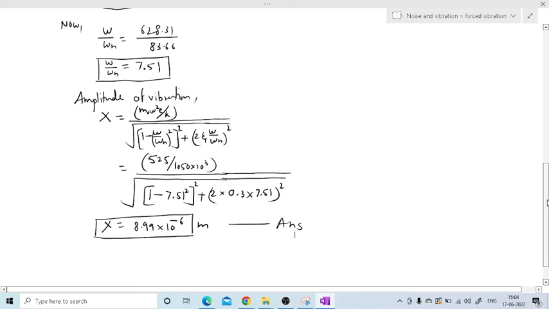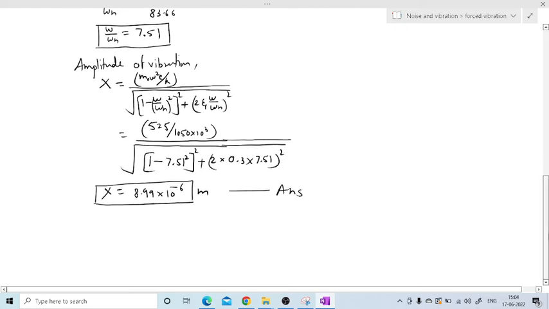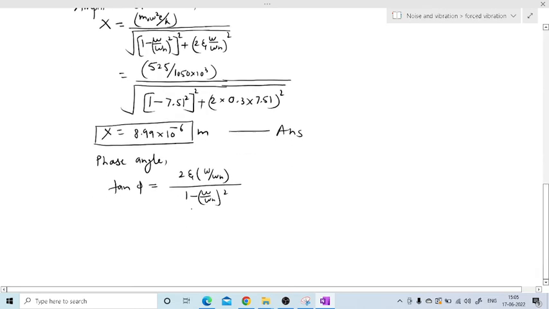Now along with this amplitude, they have asked for the phase angle. The phase angle is nothing but tan phi is equal to 2 zeta omega by omega n divided by 1 minus omega by omega n square. So put the values, we know all these values. It is 2 into zeta, 0.3, into omega by omega n, 7.51.